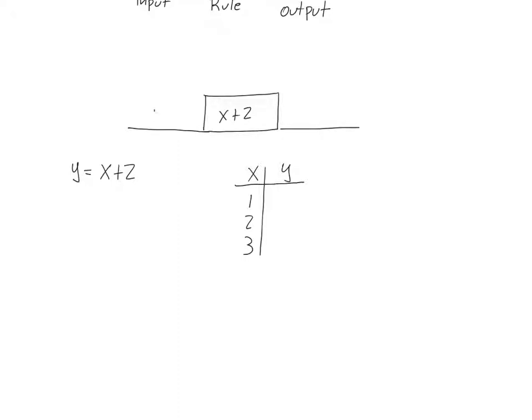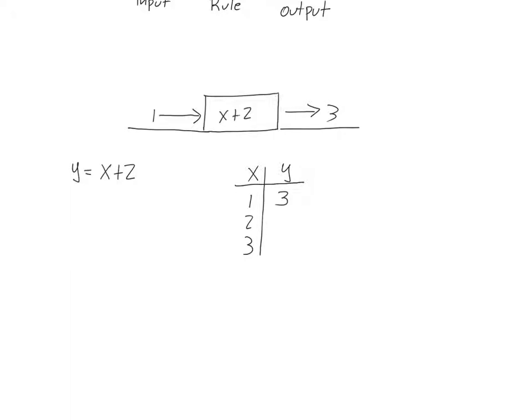So if you put a 1 through your function, you're going to put 1 where the x goes, and that's going to give you 1 plus 2. So your outcome is going to be 3.